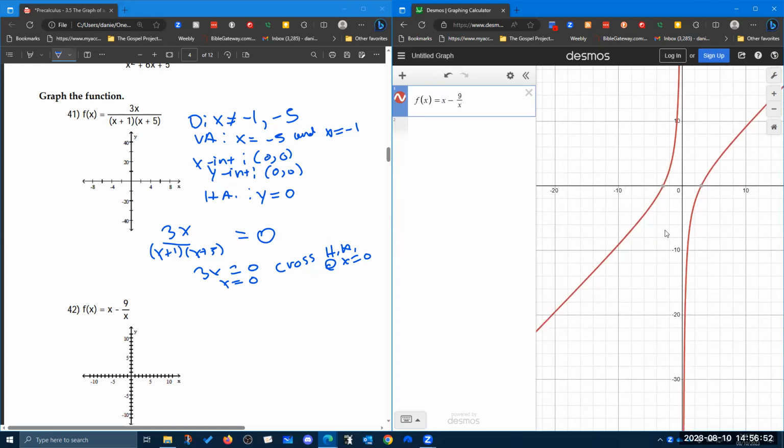We can see that we're going to have an oblique asymptote here at y equals x. We have a vertical asymptote at x equals 0. We have x-intercepts at -3, 0 and 3, 0. We have no y-intercept.